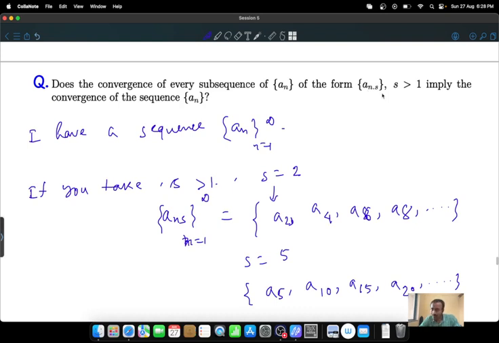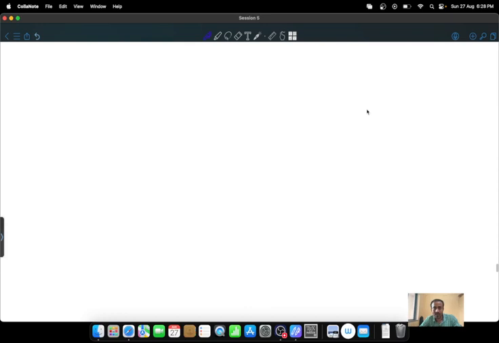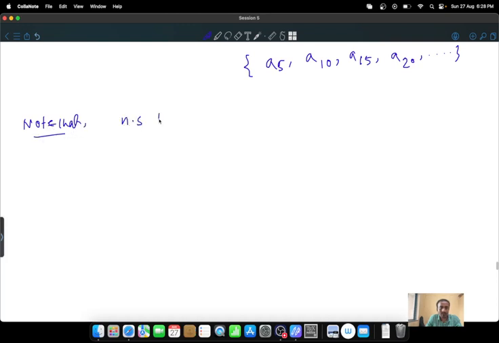So s is greater than or equal to 2. So basically all the terms ns are composite numbers. Note that ns is a composite number, not a prime, for all s greater than or equal to 2.